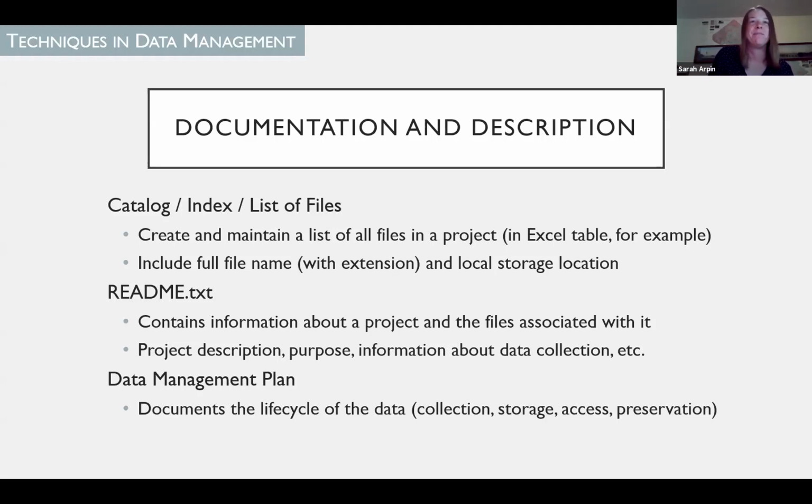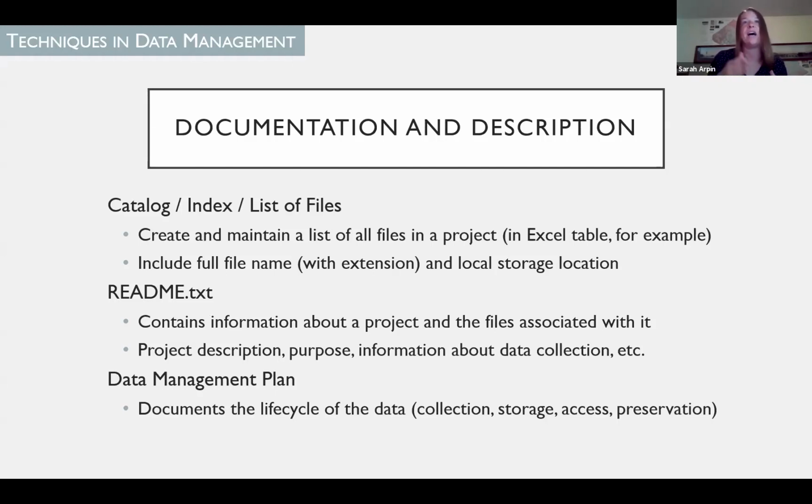Documentation and description. And so it's really important to know what files you have. You can create a catalog or an index or list of files. And so if you have your data organized in a project folder, then you should have a list of every file that's in that folder associated with that project.